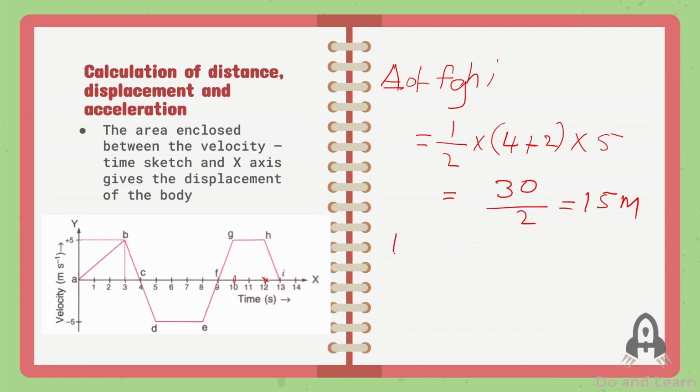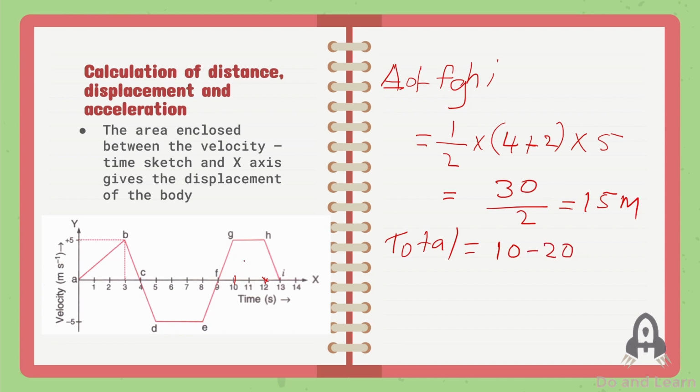So total displacement is equal to, we have to find the sum of the area enclosed by the triangle ABC, trapezium CDEF and trapezium FGHI. So first we have got already 10. Second, we know that it is below the time axis, so it should be negative. Put the symbol negative displacement, so minus 20.